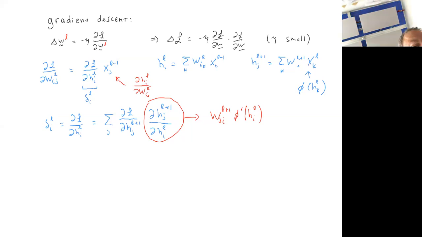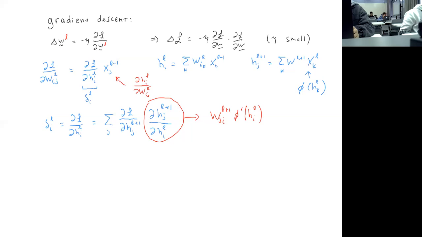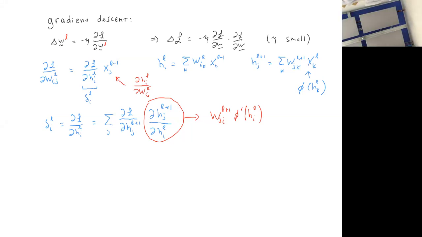The only term that survives is when k equals i. And so what we get is the sum over j.